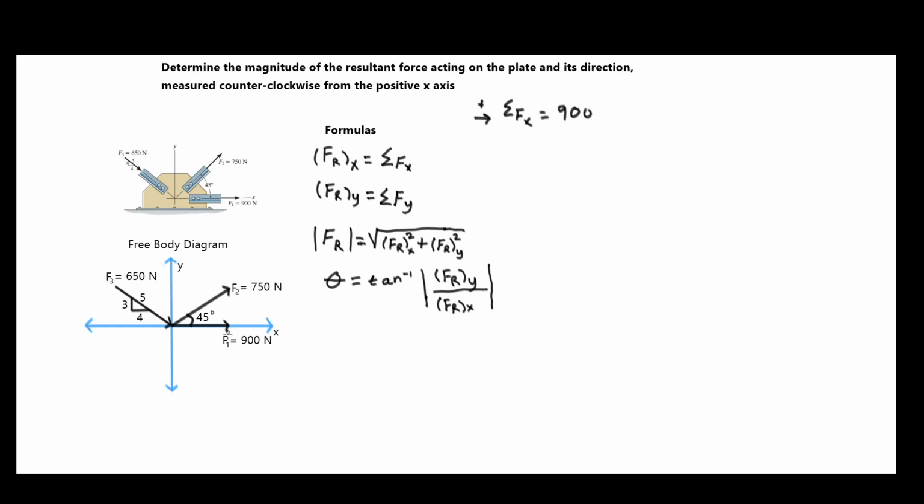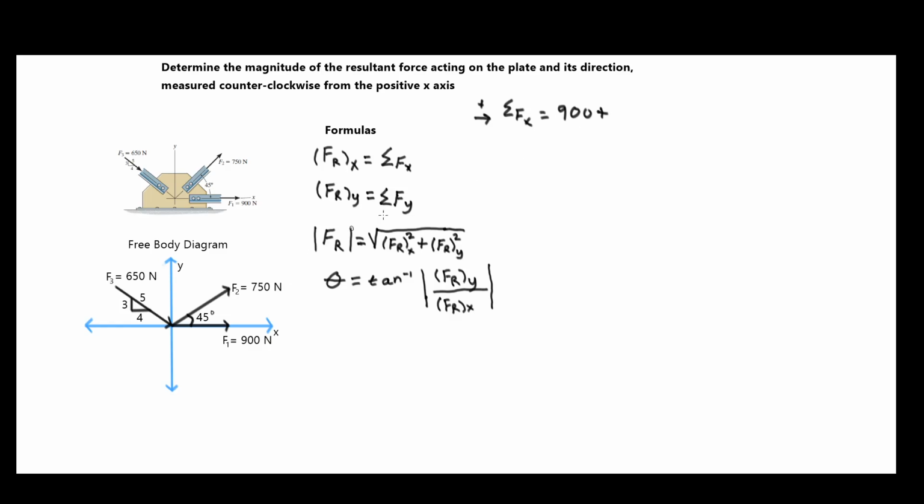Now you look at force 2. Force 2 has an angle on it. The best way I like to do these is you see that this angle is touching the x-axis. Whatever angle is touching both your vector and the x-axis, you know it's going to be your cosine value. So in this case, force 2 is going in the positive x direction, so we'll put a plus sign here.